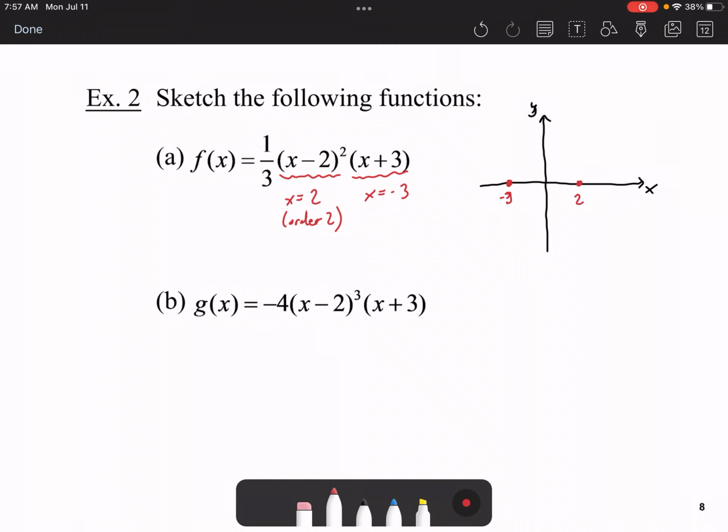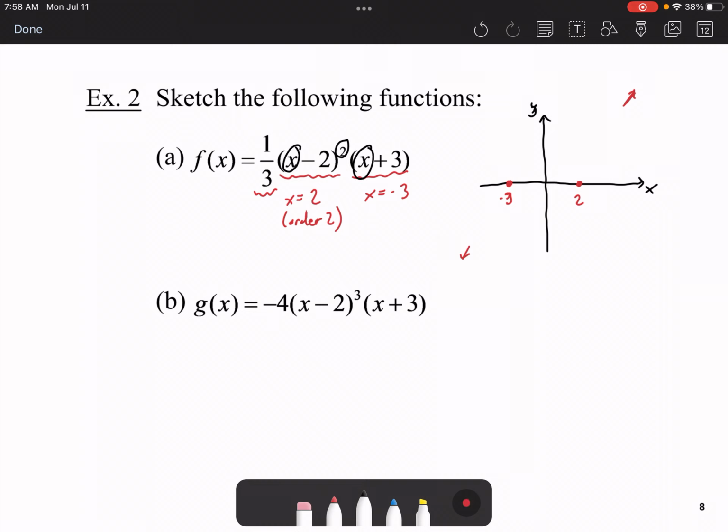Okay, the leading coefficient is positive, so that means it's going to end up in this area up here and end up in this area down here, because this is a cubic function. I can tell it's a cubic because I have x being multiplied twice, so x squared times another x, so it's x cubed.